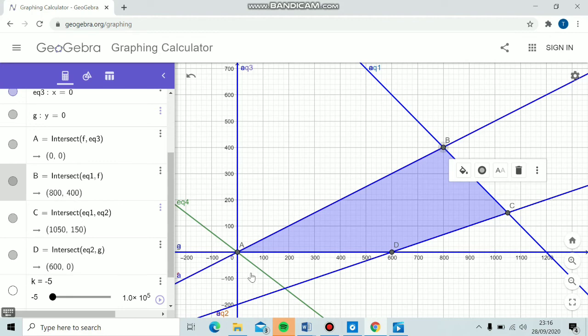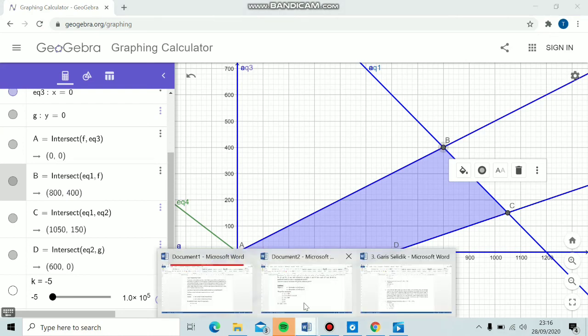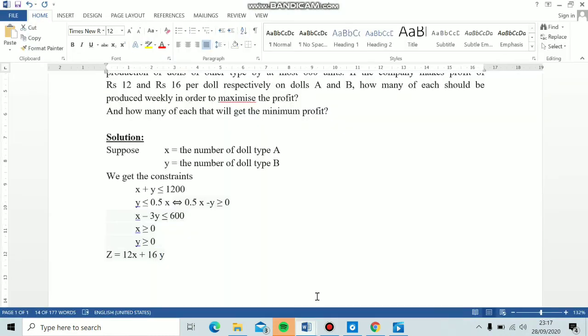It means that to get the maximum profit, we have to produce 800 dolls type A and 400 dolls type B, and the minimum profit will be obtained if we produce 0, 0, 0 x and 0 y. It means we produce 0 dolls type A and 0 dolls type B.